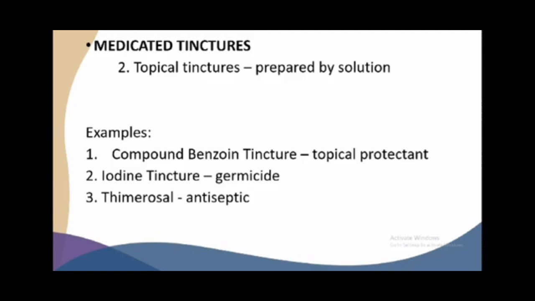Another example is the iodine tincture, which is used as a germicide, a substance which can kill germs. Lastly, another example is thimerosal, which is used as an antiseptic that can help prevent the growth of microorganisms on the skin.